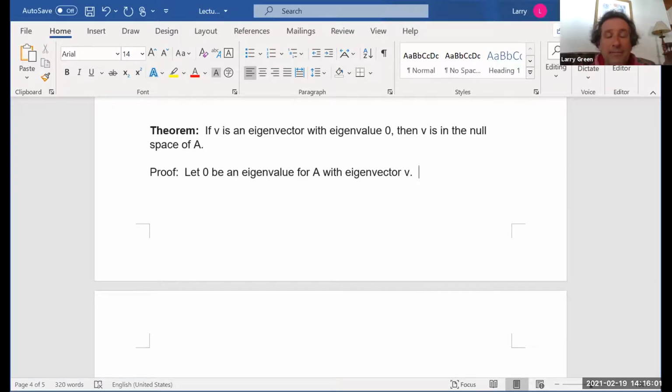What does that mean? What can you say just from what I just wrote down?